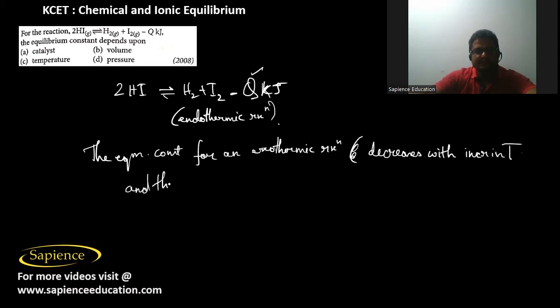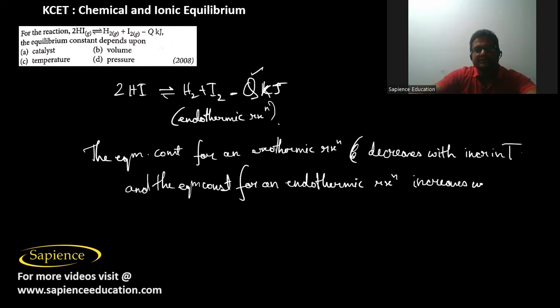And the equilibrium constant for an endothermic reaction increases with increase in temperature. So it means that the equilibrium constant will depend on temperature. So option C is the correct answer.